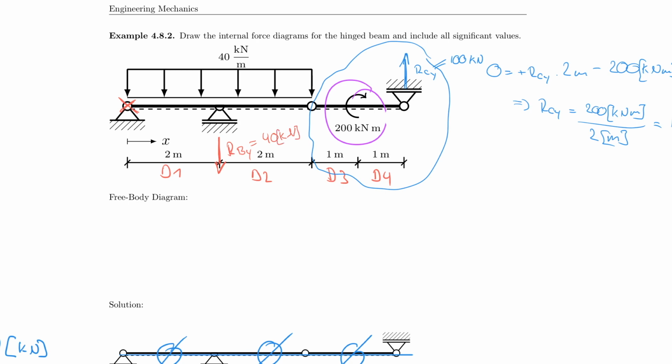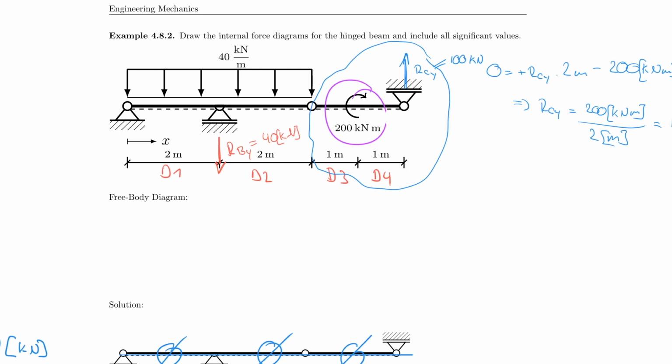And then you can find the last support reaction very easily. No matter how you want to do it, you can do it by the sum of the moments about any point, or you can do it by the sum of the forces. For a beginner, I would not recommend the sum of the forces being equal to 0, because that should be left as a check.